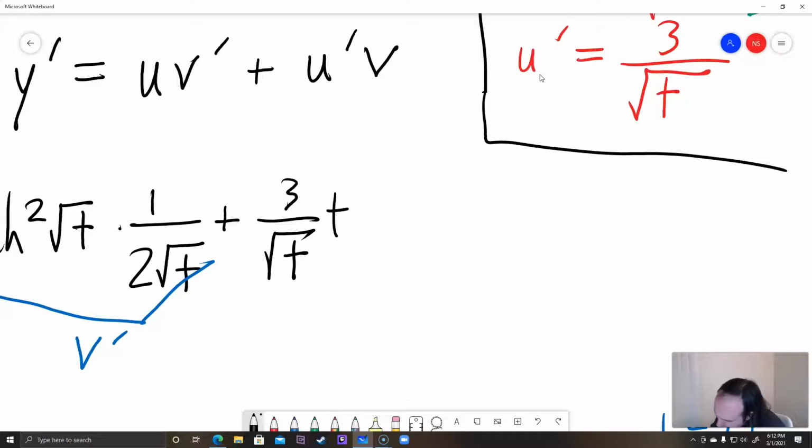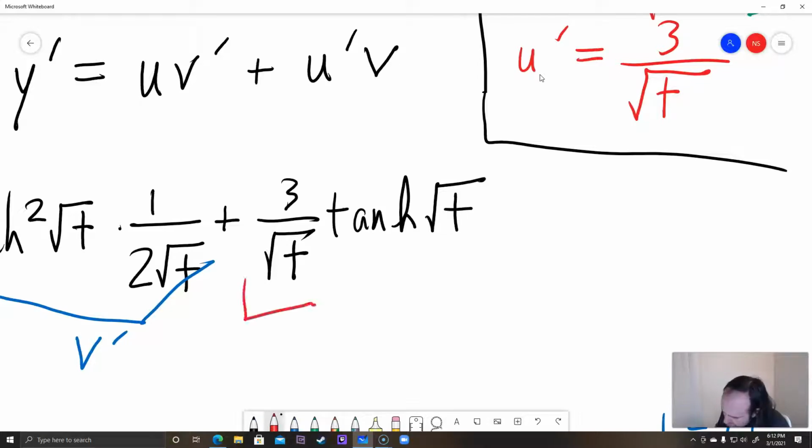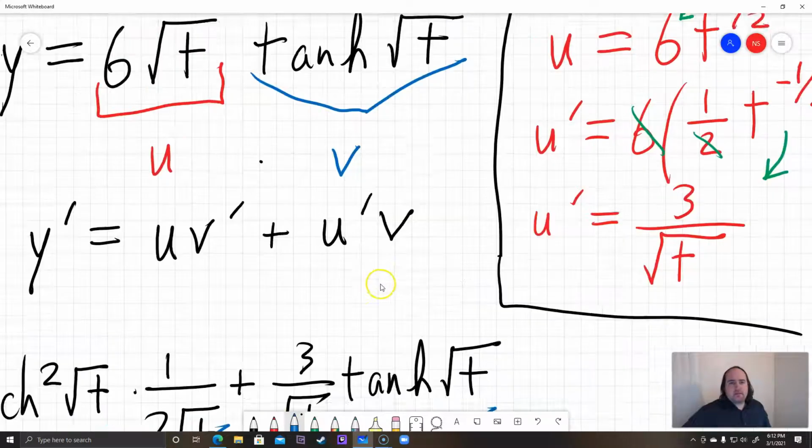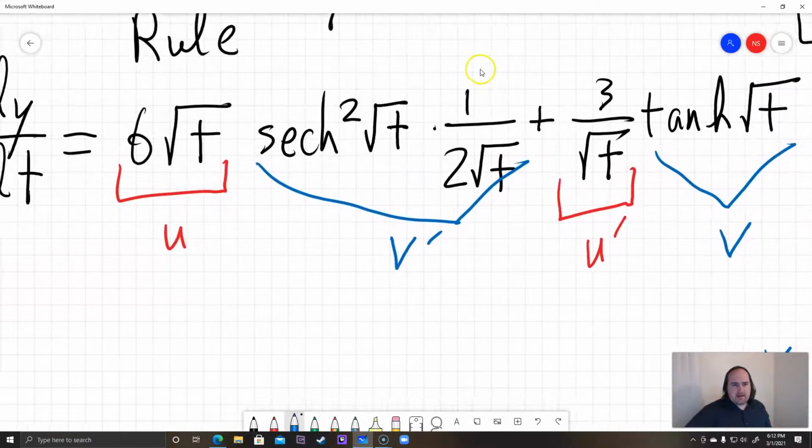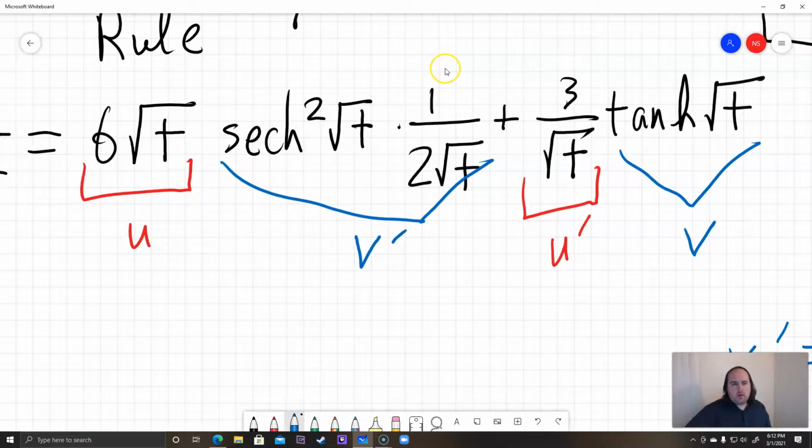Okay, so that right there was our u prime, which we said was 3 over root t times our v, which at the beginning of the problem was tanh of root t. Okay, so hopefully that makes sense. That is the product rule all written out.